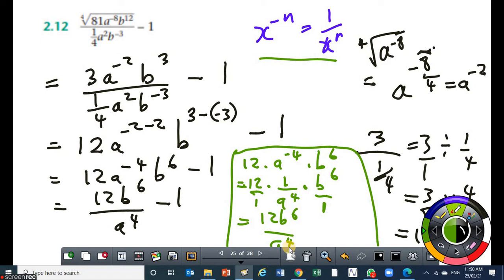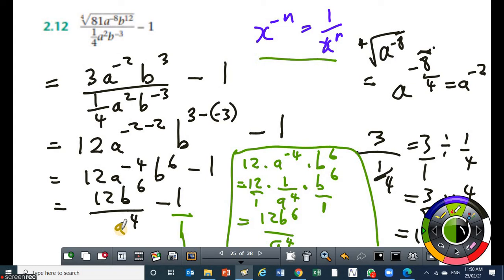Are you following? I'm not done. What I can do here, I can use my knowledge of fractions further. The denominator there is a 1. What's the LCD of a to the power of 4 and 1?